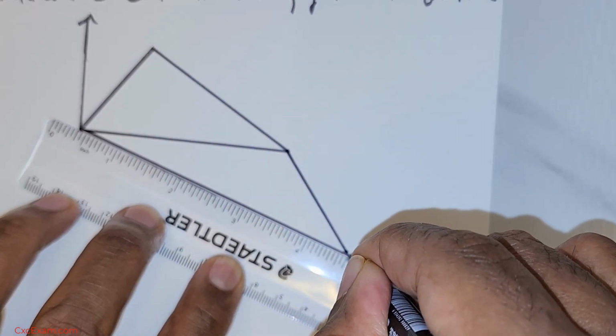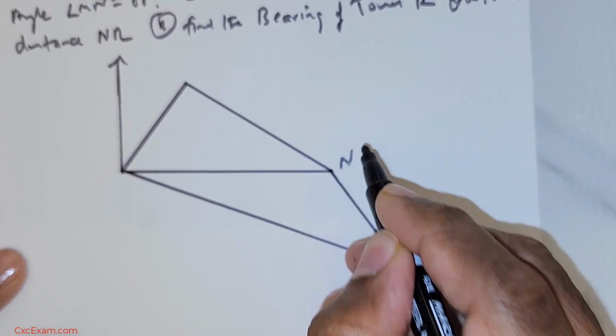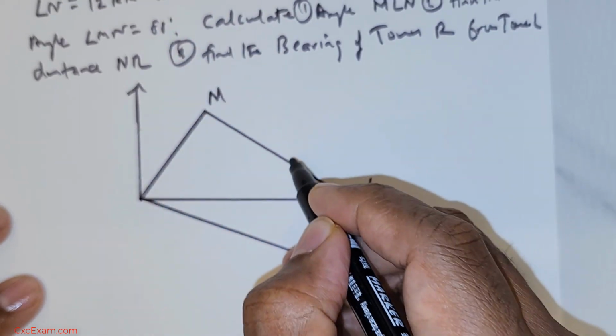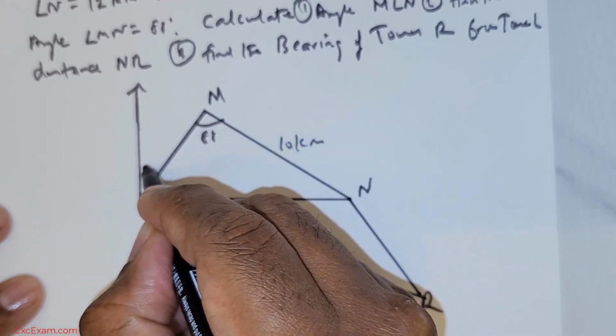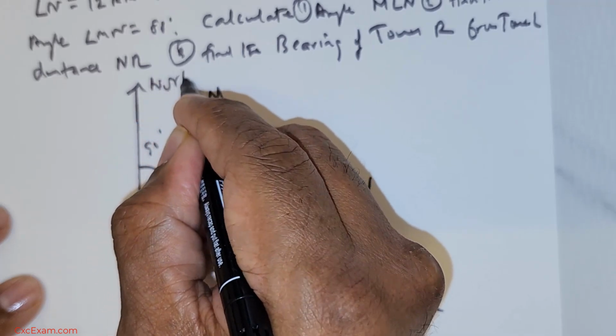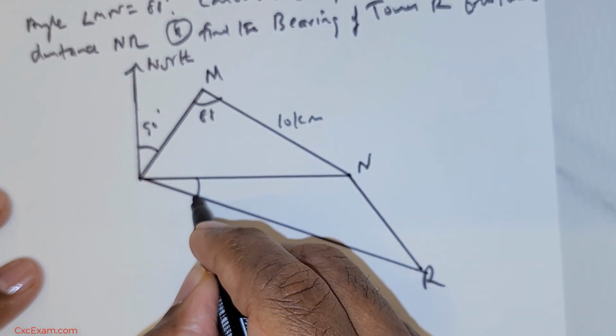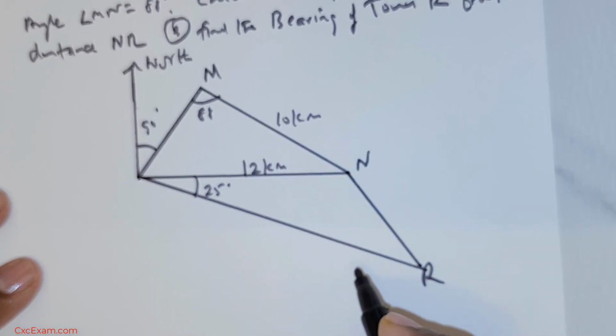So this is how the towns are located. So this point is R, N, M, this is 10 km, this angle is 88, this is 50 degrees, this is north, that's the indicator, this is 25 degrees, this is 12 km, this is 18 km.